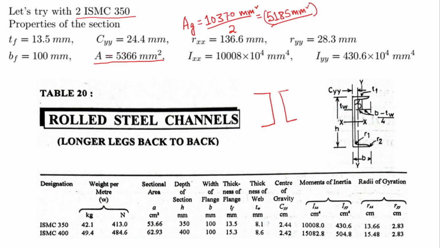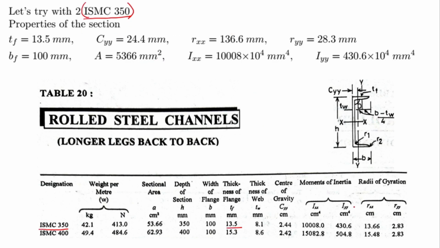Then we shall write down the properties of the section from the steel table. Thickness of flange tf equals 13.5 mm. Then center of gravity about y-axis is 2.44 cm or 24.4 mm.